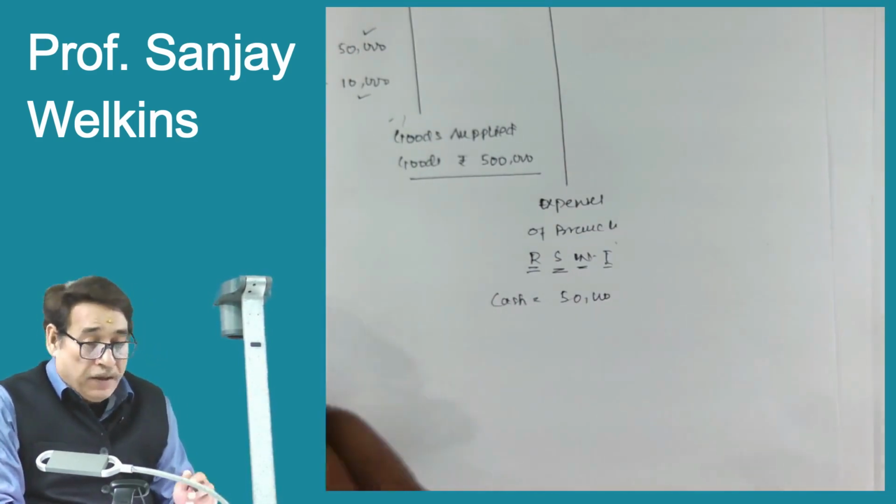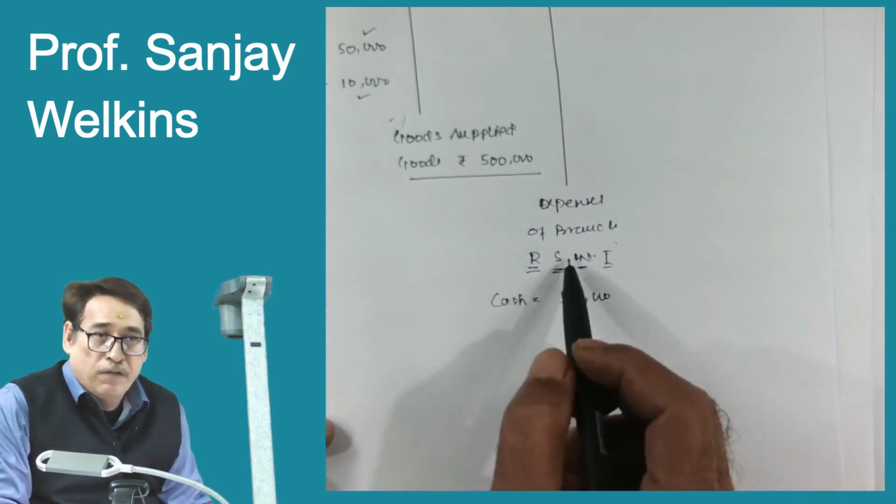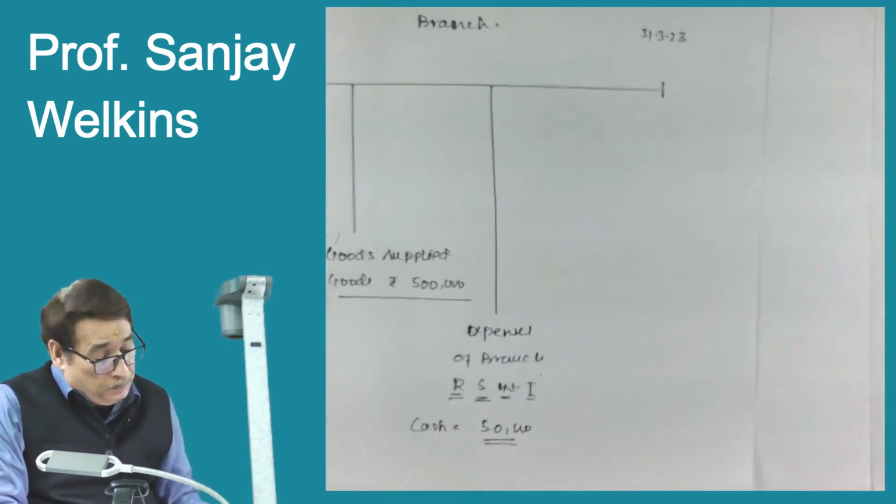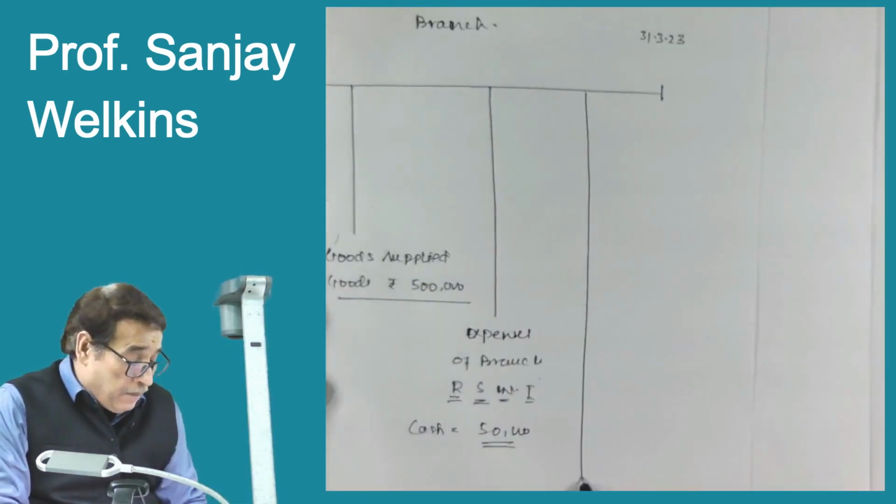That means cash sent by head office for branch expenses is 50,000.